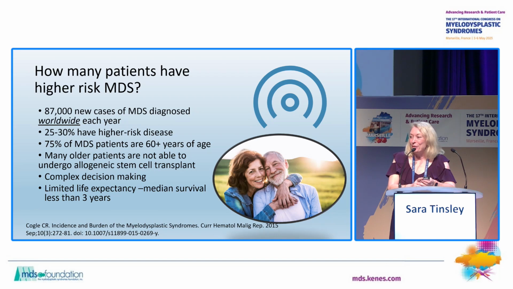That's hard to hear for me as I get older and closer to that age. But many of our older patients are not able to undergo potentially curative therapy with allogeneic hematopoietic stem cell transplant. And this factors into complex decision making.